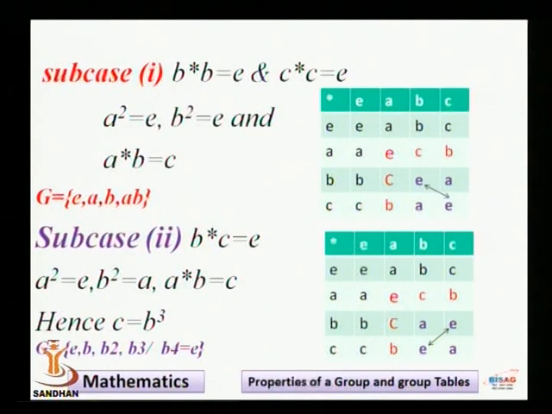So we got A square is equal to identity, B square is equal to identity, C square is equal to identity, with C equal to A star B.